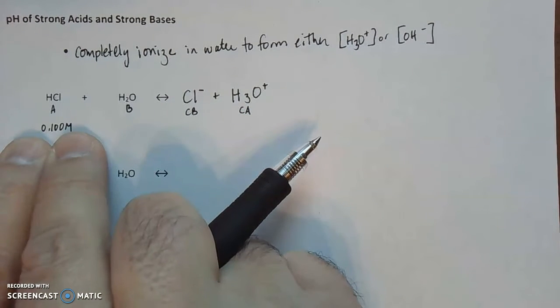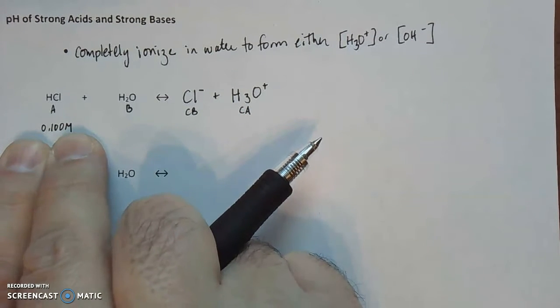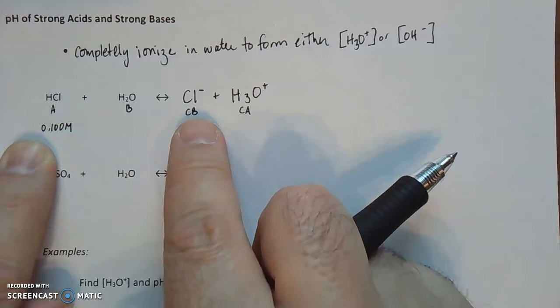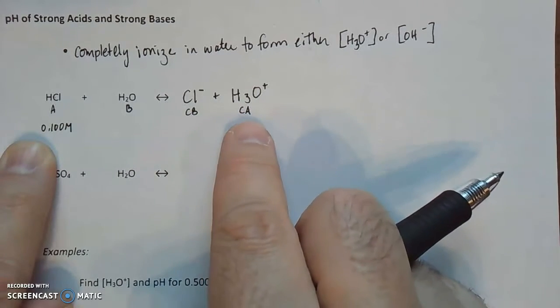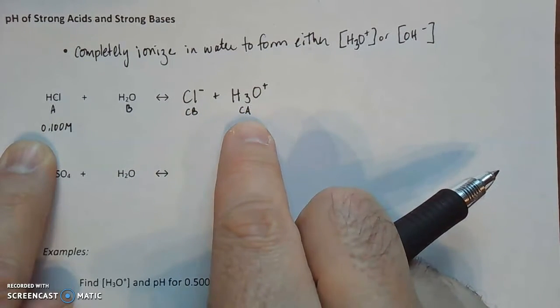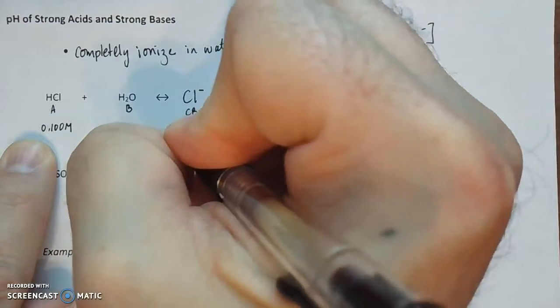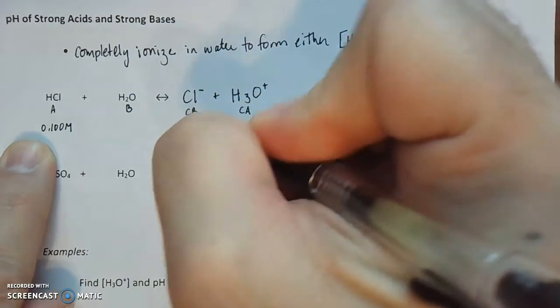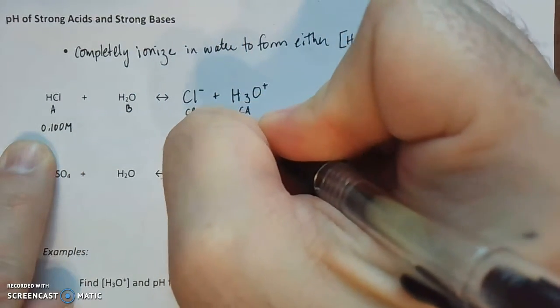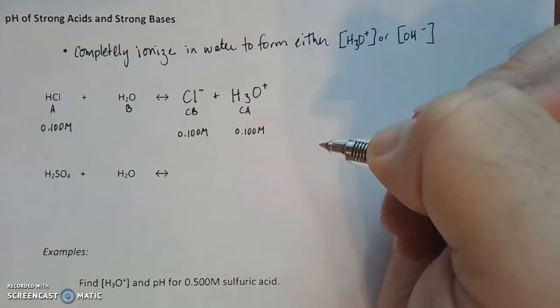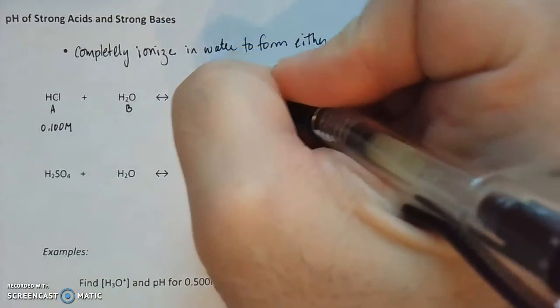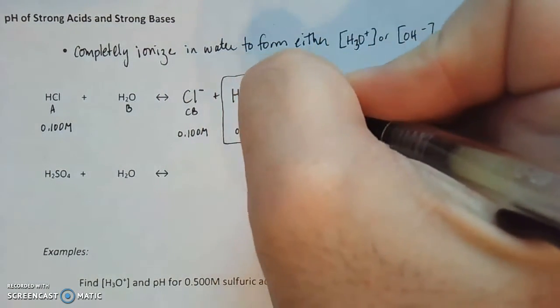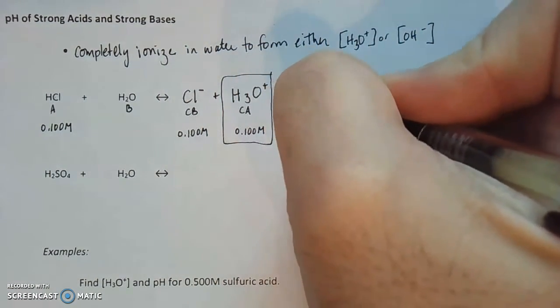If this decreases by 0.100 molar, then at the end, these would increase by that amount. So we would end up with 0.100 molar Cl minus and 0.100 molar H3O plus. Well, this we can use to find pH.